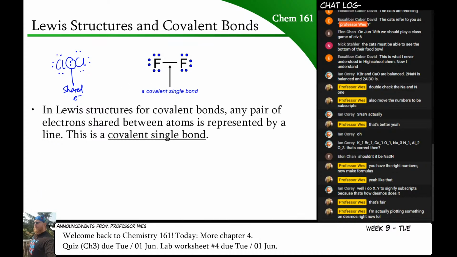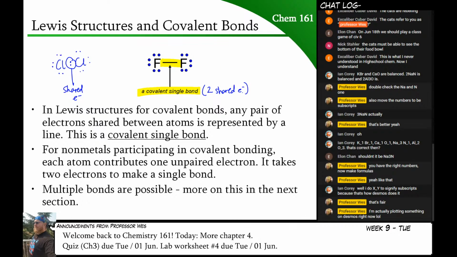So right here, this line in the middle of these 2 fluorines is a covalent single bond, and a single bond represents 2 shared electrons. All of the other dots on the outside just hang out.